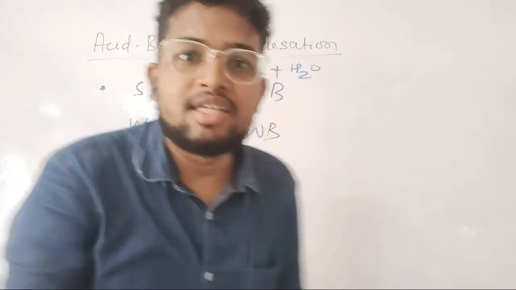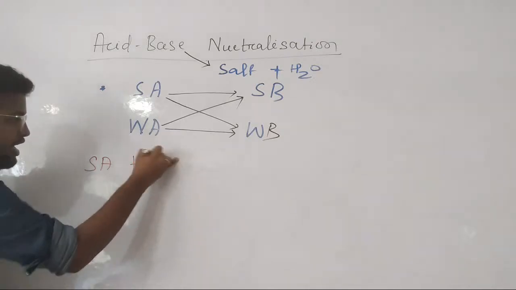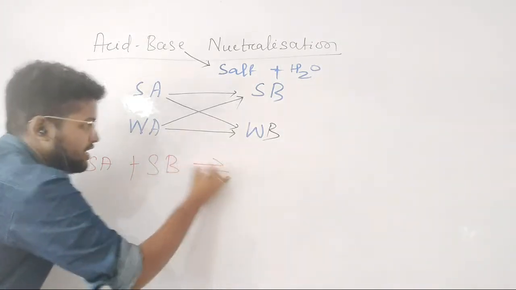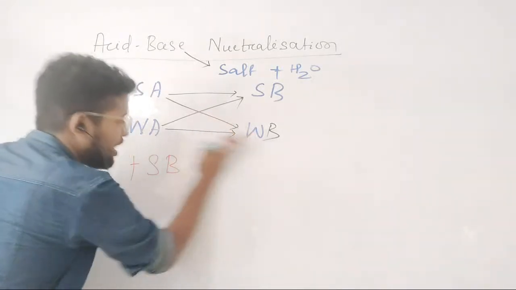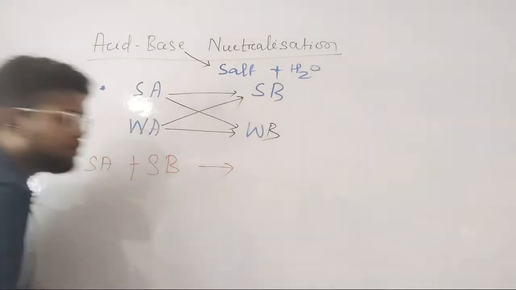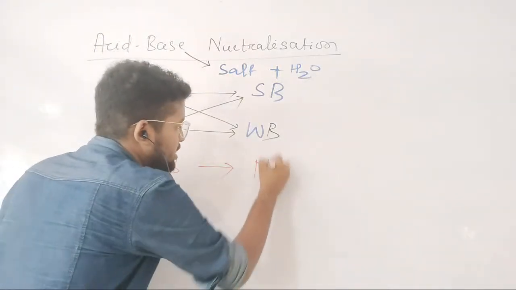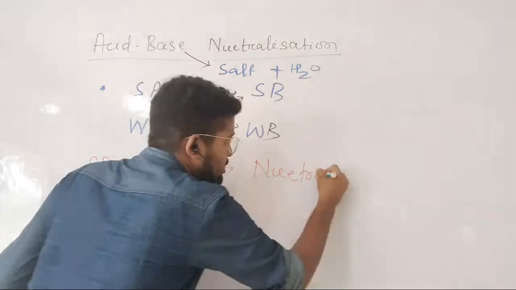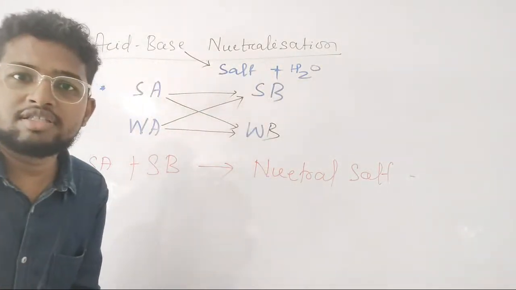If strong base and strong acid react with each other, can I put the reversible sign? No, I cannot put the reversible sign. I have to go forward and it will neutralize completely, giving me a neutral salt, right? Neutral salt.